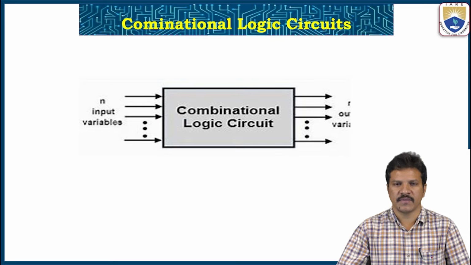In contrast, in sequential circuits, the present output depends upon present input and also previous input, like a previous output also. So in combinational logic circuits, there will be no feedback from output to input.